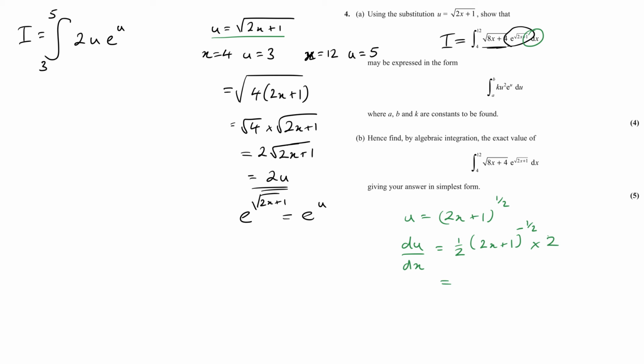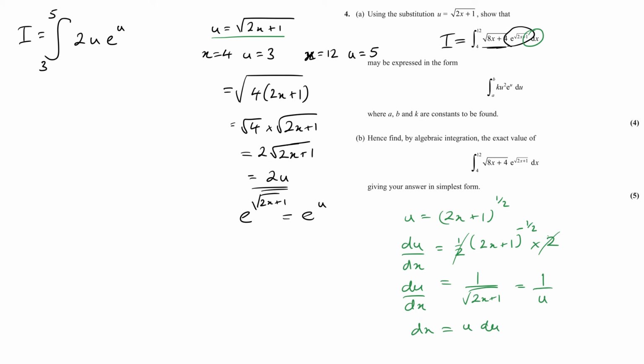So these will cancel, leaving me with 2x plus 1 to the minus half. So this is 1 over root 2x plus 1, which is 1 over u. Okay, so that is du by dx. So dx is going to equal u du. Yeah, so times up by that, times up by that.